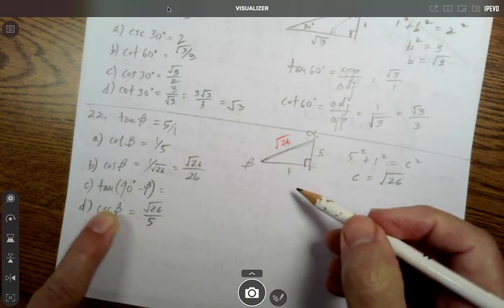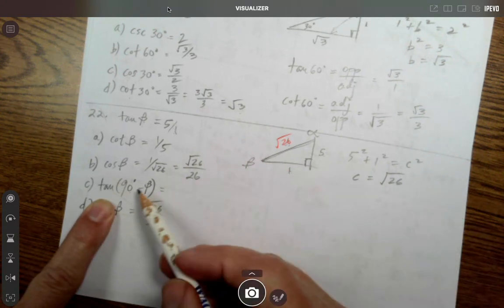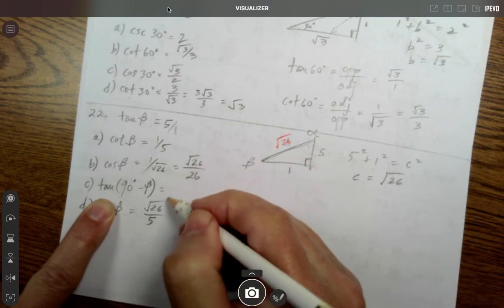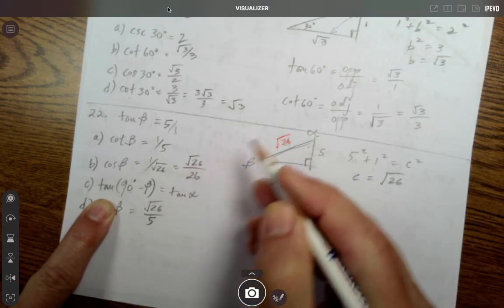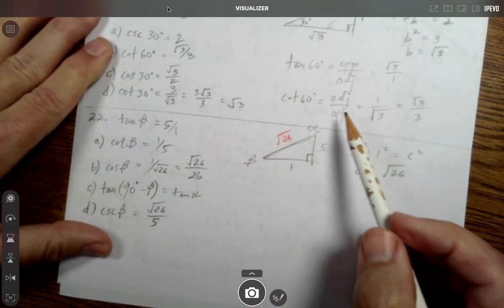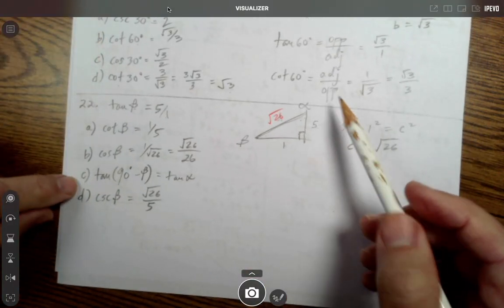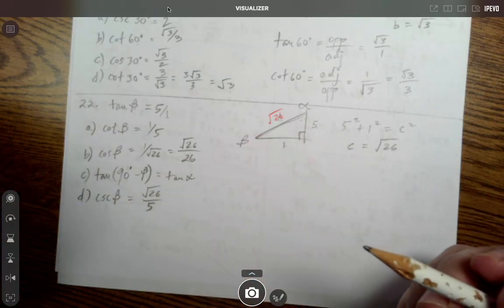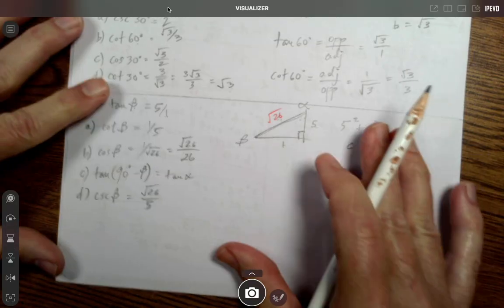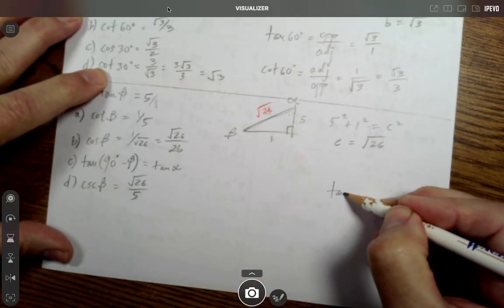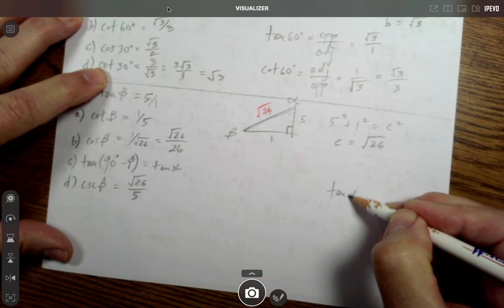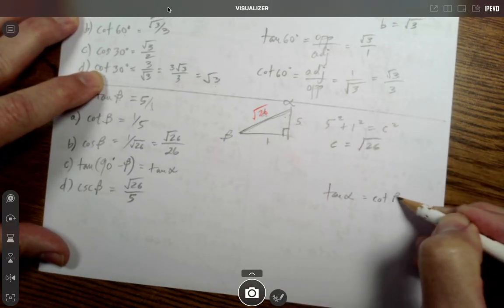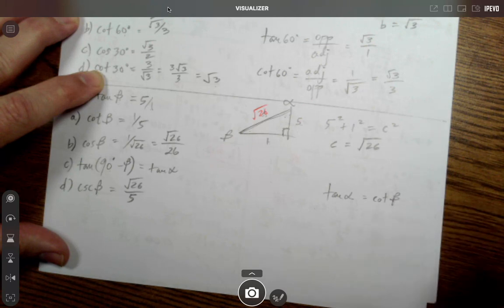And what about this one? 90 minus beta. Well, 90 minus beta is that angle, alpha, right? So this is really just asking me to find the tangent of alpha, which is really just the cotangent of beta, which is kind of interesting, right? So the tangent of alpha in this triangle should be equal to the cotangent of beta, right?